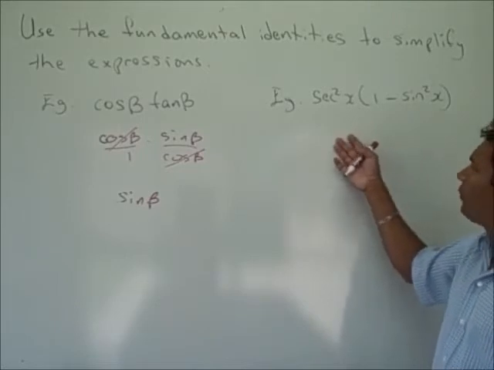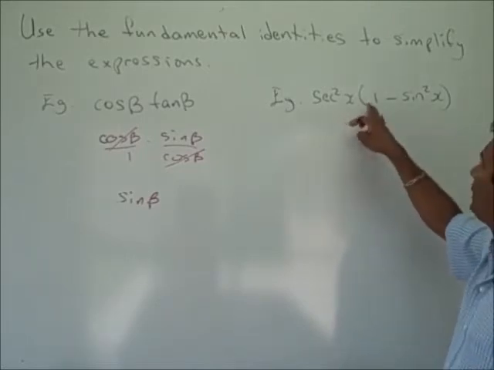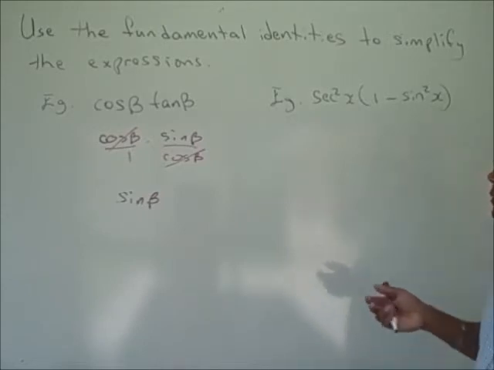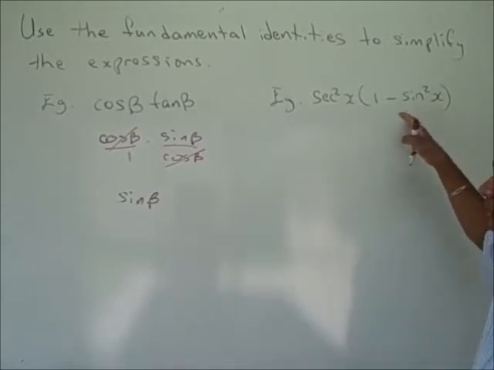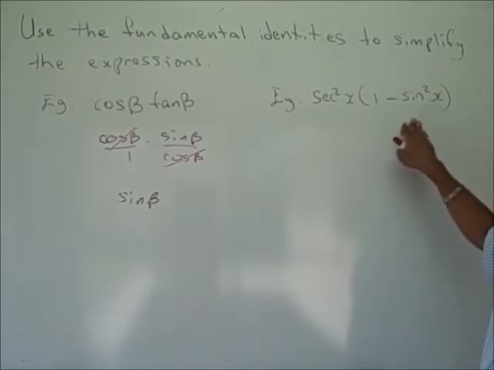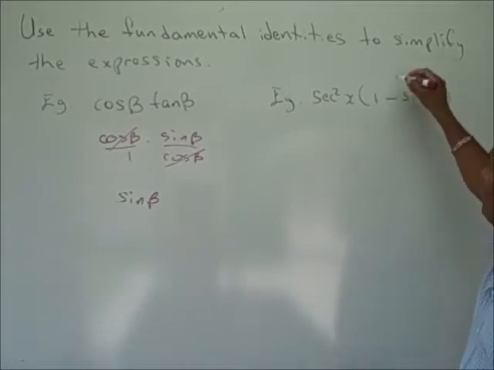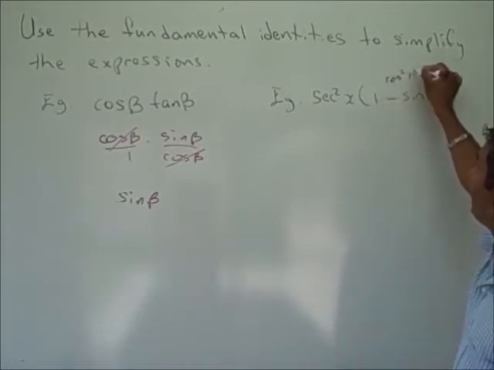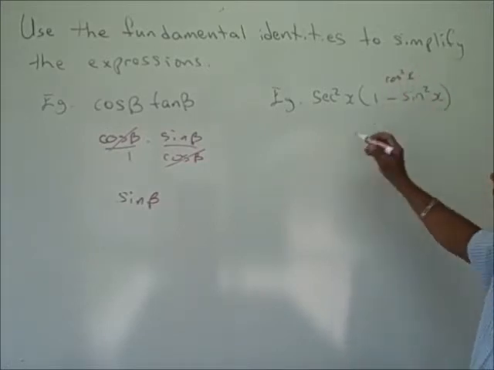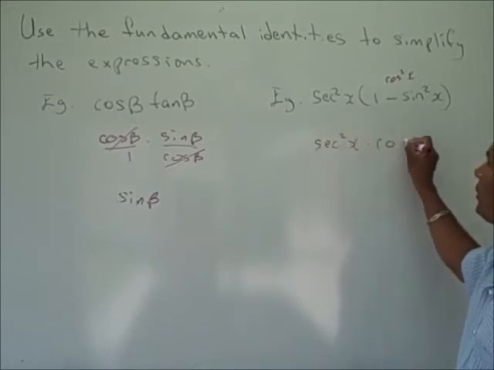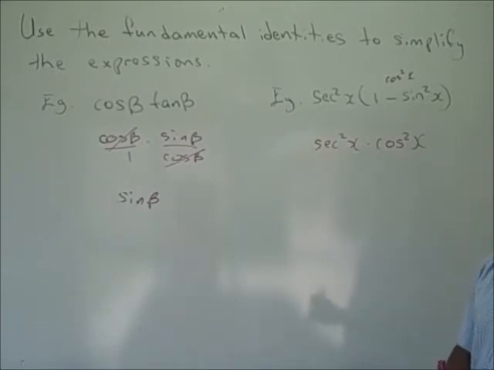In this example, we have secant squared x times 1 minus sine squared x. We know one of our Pythagorean identities is that sine squared theta plus cosine squared theta is equal to 1. So from that, we have 1 minus sine squared x is just equal to cosine squared x. So this becomes secant squared x times cosine squared x.